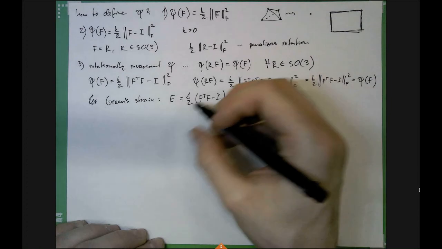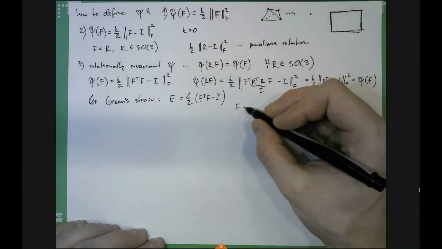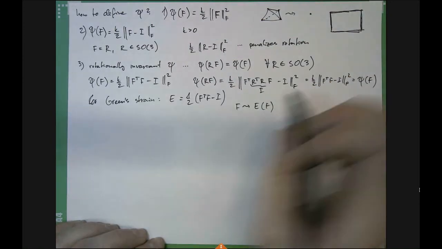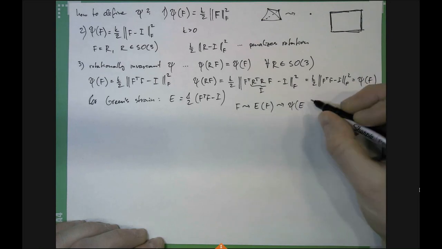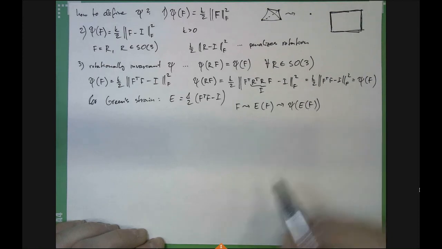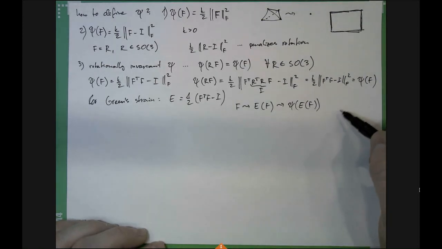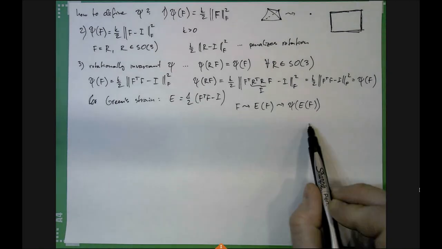Sometimes, especially in continuum mechanics, people do it like this: from the deformation gradient they define a strain measure, like the Green strain, and then the deformation energy density depends on the strain measure E, which in turn depends on the deformation gradient. And guess what? The deformation gradient depends on your deformed configuration, and that's the end of the dependencies. But you don't have to worry about this too much.